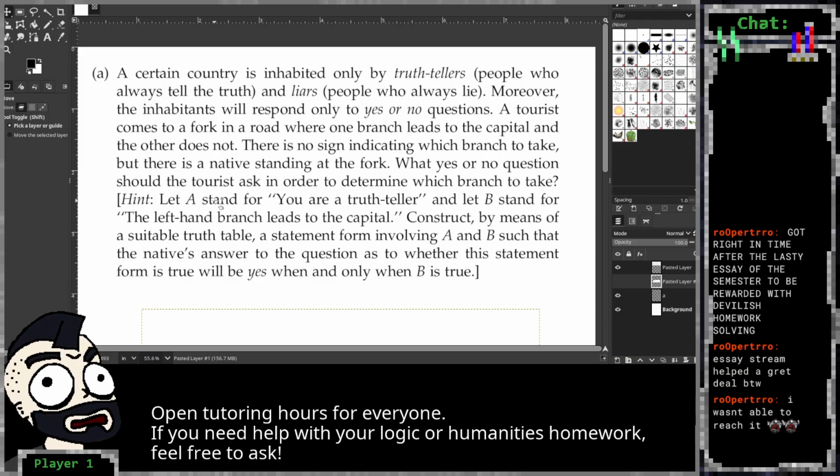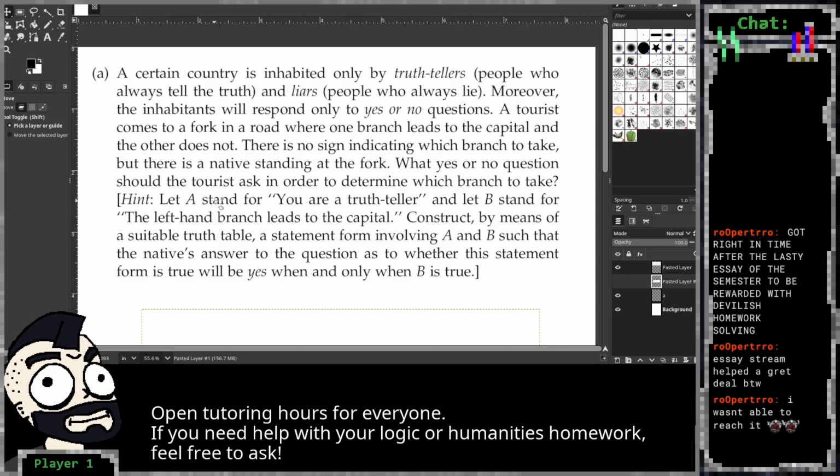Moreover, the inhabitants will respond only to yes or no questions. So no open question, just questions that can be answered with yes or no, and that's it. A tourist comes to a fork in a road where one branch leads to the capital and the other does not. There is no sign indicating which branch to take, but there is a native standing at the fork. What yes or no question should the tourist ask in order to determine which branch to take?